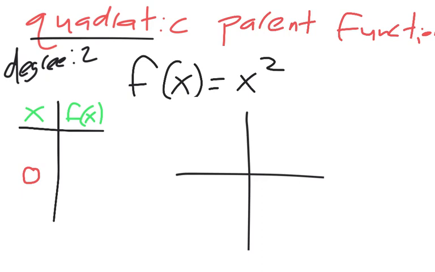What else would you like to plug in? 1. That's a great number to plug in. What else? 2. 3. That's a great number to plug in. 2.1? You want to plug in decimals? No, I don't either. 1, 2, 3, 0, 1, 2, 3. 3's too big.